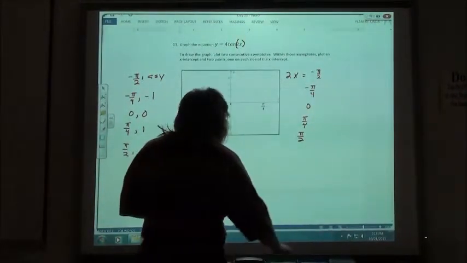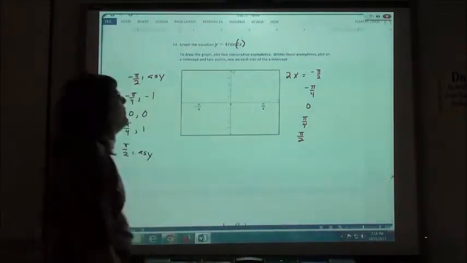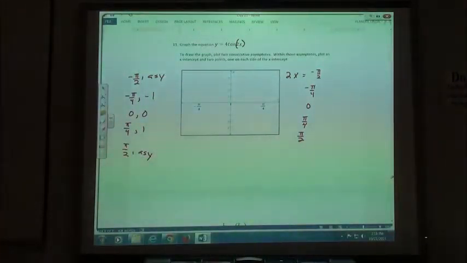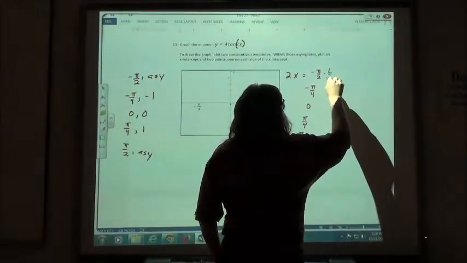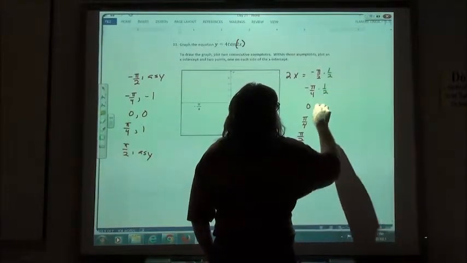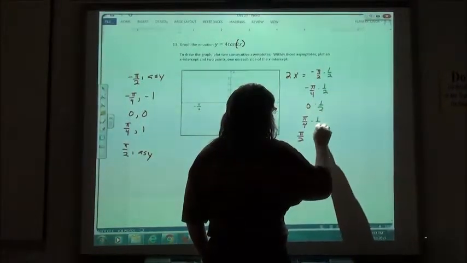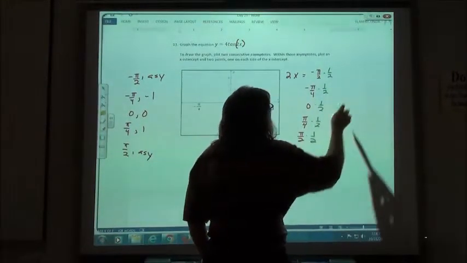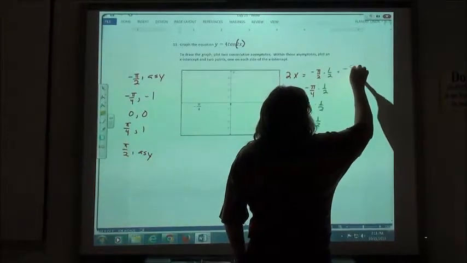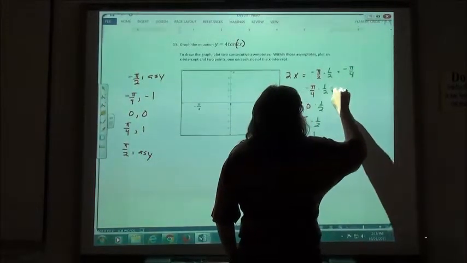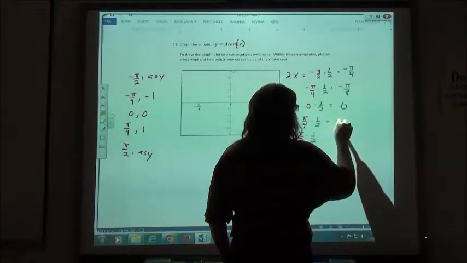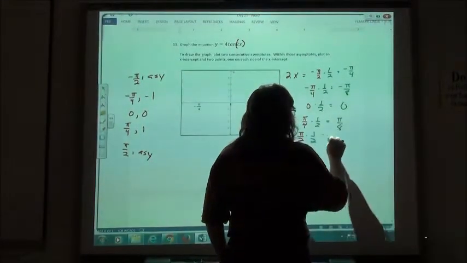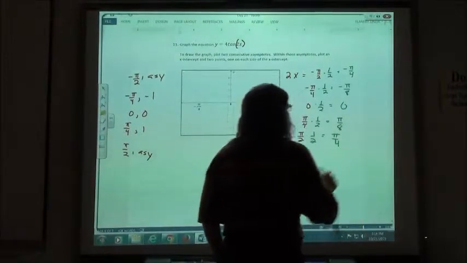So we want to solve this one for x. If I'm going to solve it for x, I'm dividing by 2. Dividing by 2 is multiplying by 1/2. So I'm going to multiply everything by 1/2. The reciprocal of 2 is 1/2. So I get -pi/4, I get -pi/8, I get 0, pi/8, and pi/4.